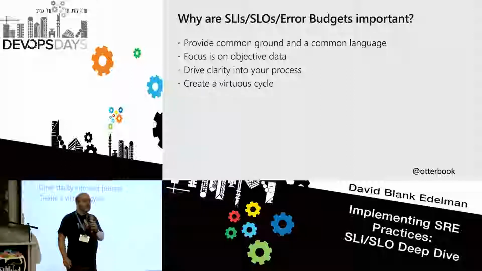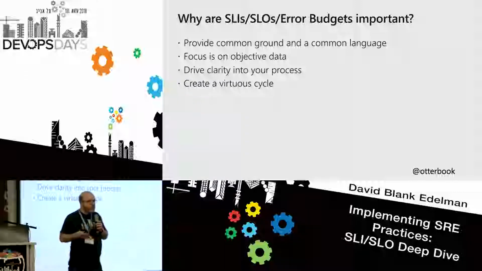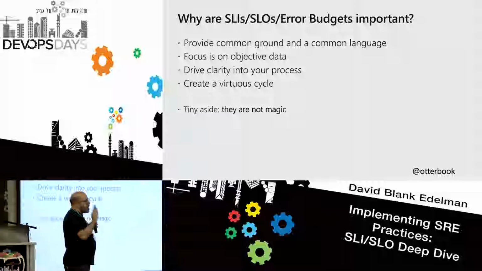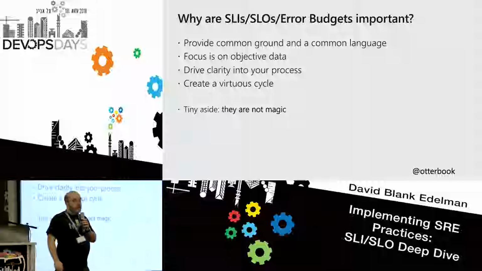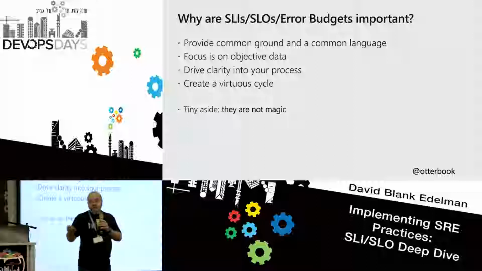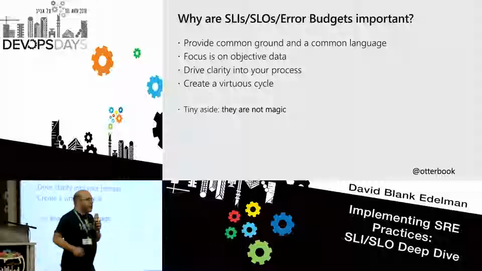There are two things that I want to add as small asides, just so you don't think I'm promising you something that I'm not. Step number one, SLIs and SLOs are not magic. It is not the case that I can walk into a toxic organization where everybody hates each other and they all are carrying a knife in their boot for when they need to use it in the next meeting, have you start doing SLIs and SLOs, and fix it. We've all worked in situations that are toxic.